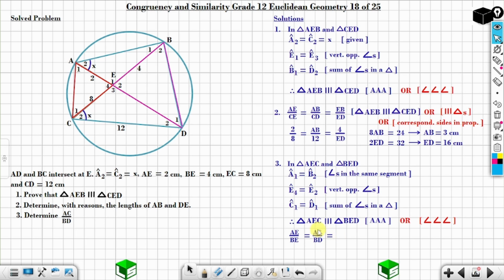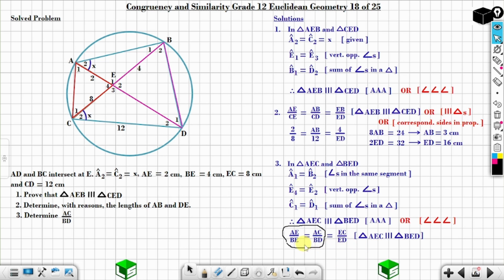This is equal to second and third, EC over ED.